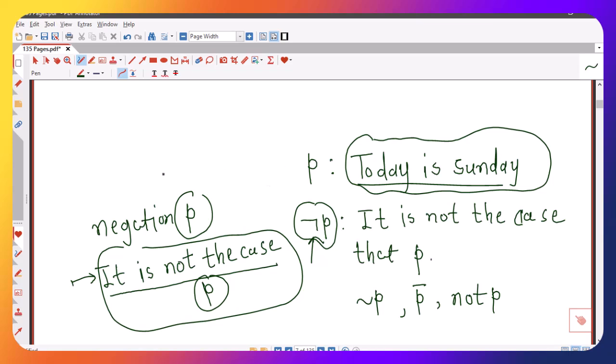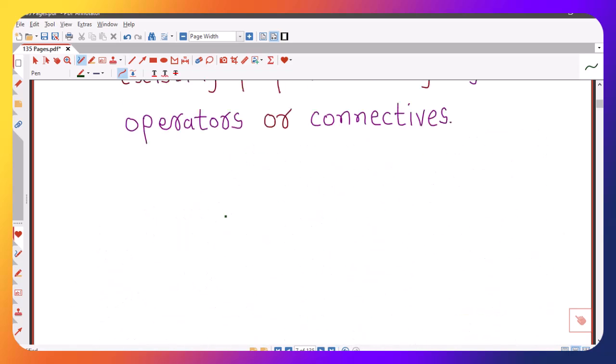Whenever proposition P has truth value T, or whenever P is true, then its negation is false. Similarly, if P is false, then its negation is true. In this way we can define the negation operator, and we can write the truth table for it also.